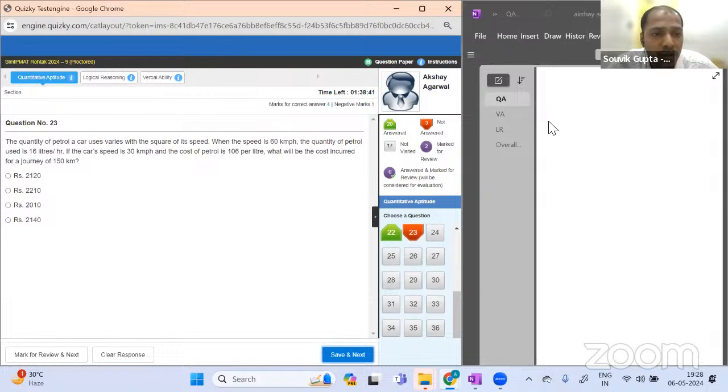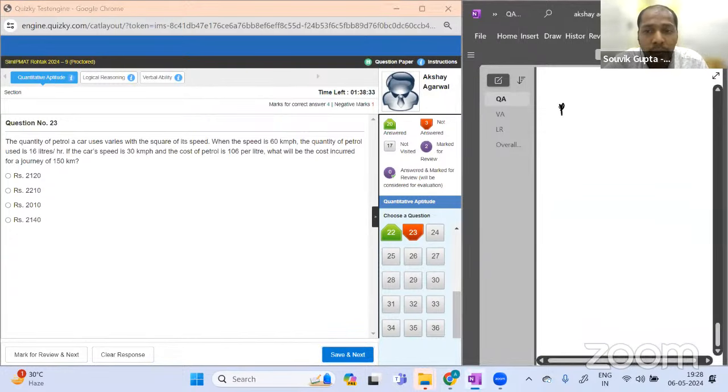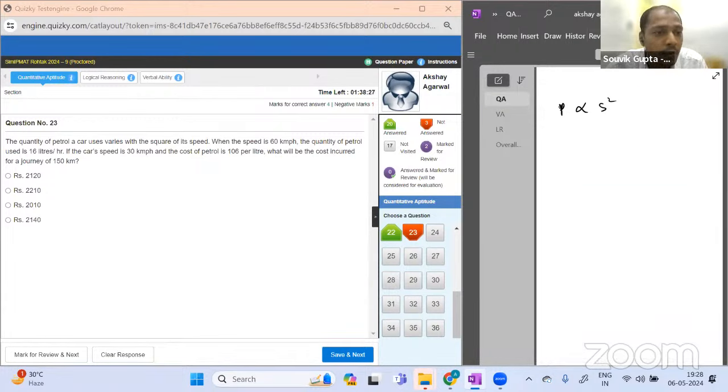Quantity of petrol a car uses varies with the square of its speed. Okay, petrol is proportional to the square of speed. When the speed is 60, the quantity of petrol used is 16 liters per hour.